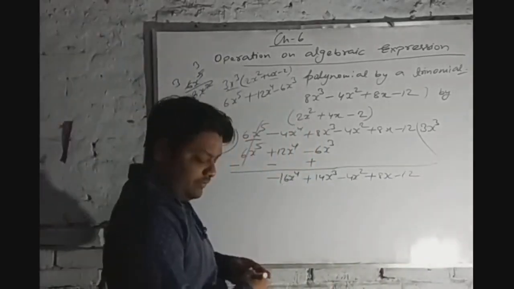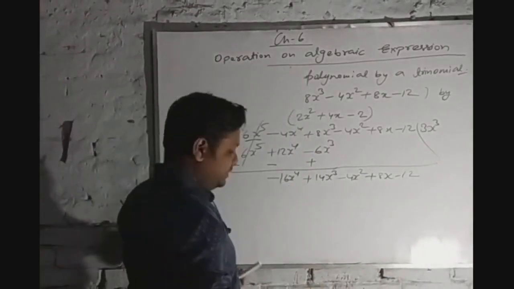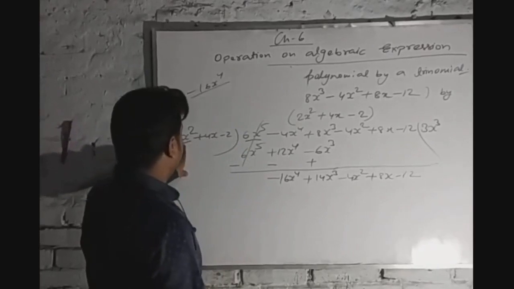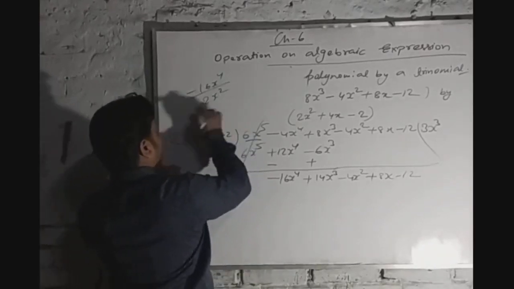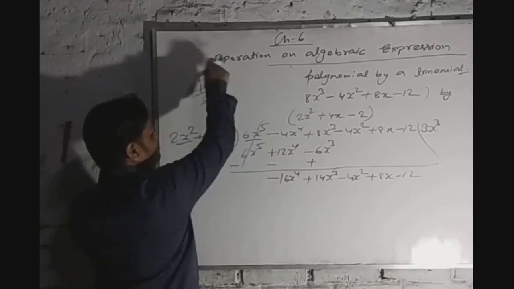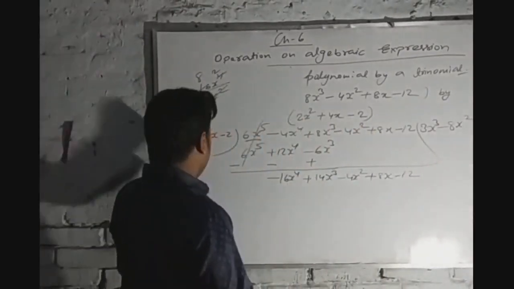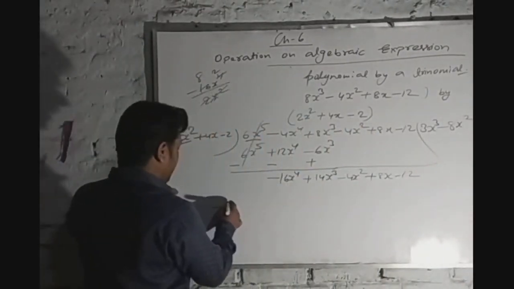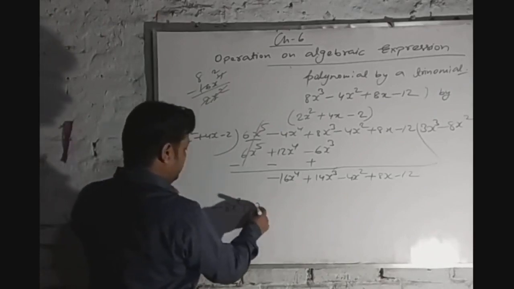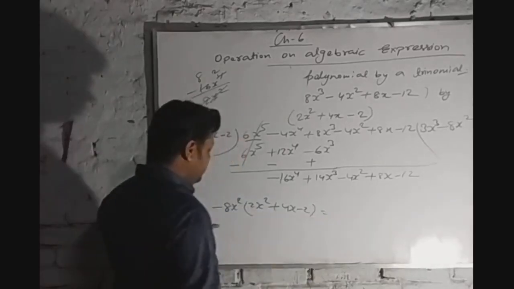Now again, the first term of this expression is minus 16x to the power 4 and the first term of this is 2x square. Now 2 8 is 8, x square power 2, that is minus 8x square will be taken. Now multiply minus 8x square into 2x square plus 4x minus 2. What value will you get?